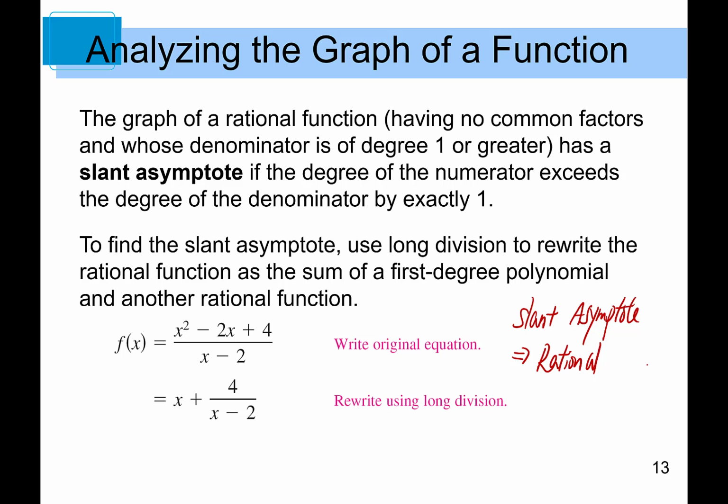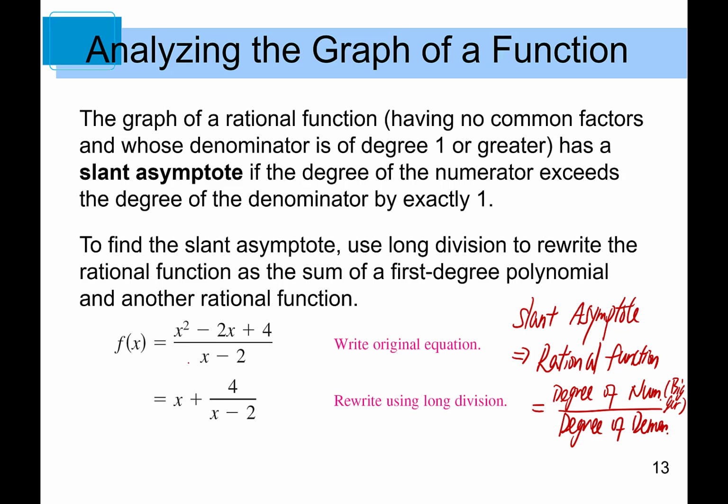When the degree of the numerator is bigger than the degree of the denominator, then you're going to have a slant asymptote. And in order to find the slant asymptote, you have to do long division.